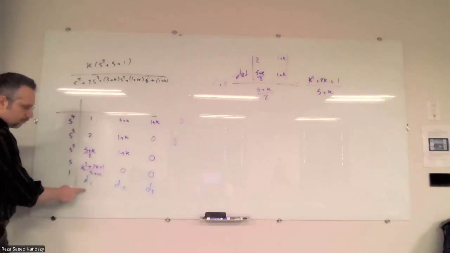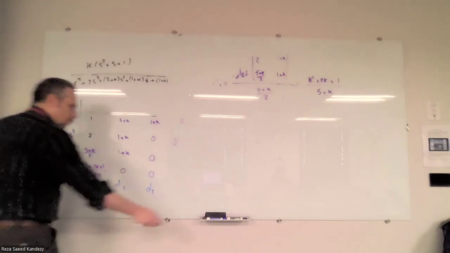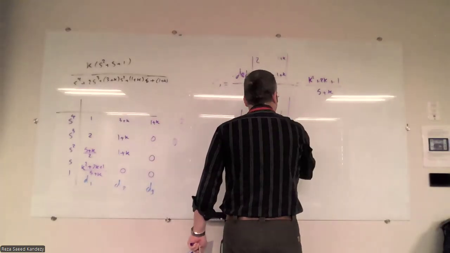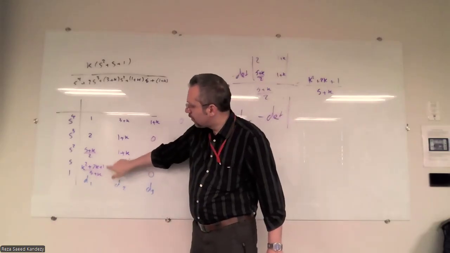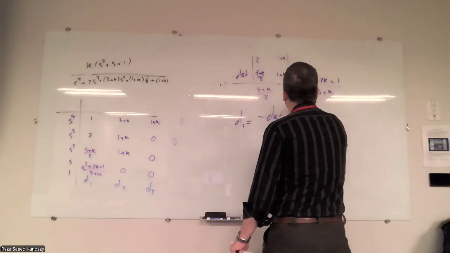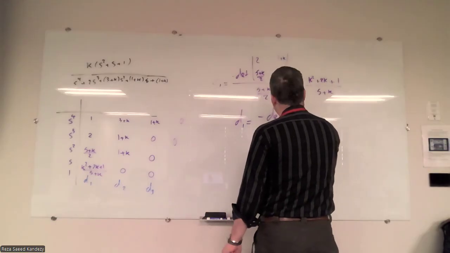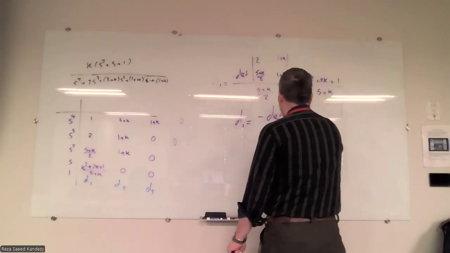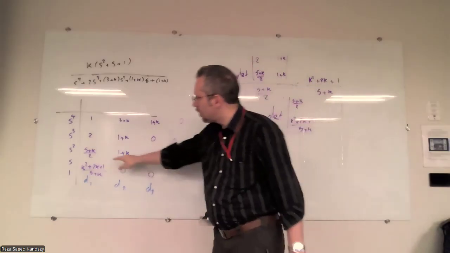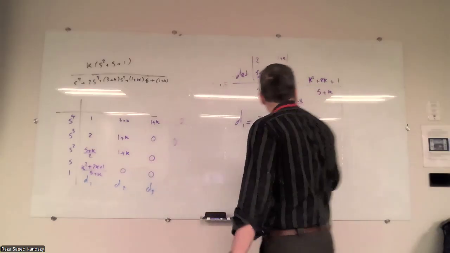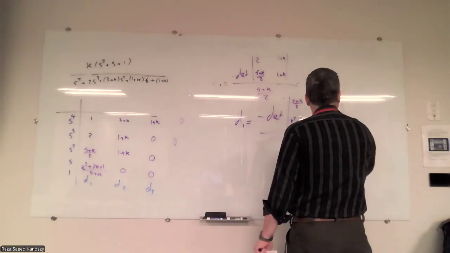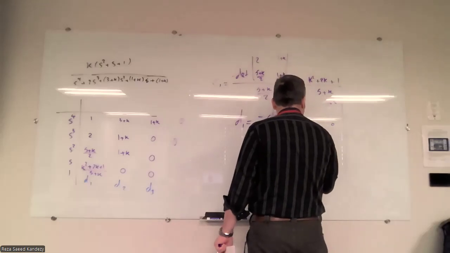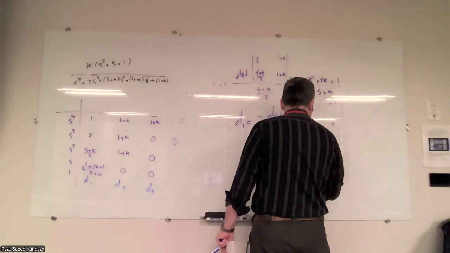Now, for D1, again, the formula is the same, minus determinant of the first component of third and fourth row. So 5 plus k over 2, k squared plus 2k plus 1 over 5 plus k. And the second column is going to be 1 plus k and 0, divided by the bottom left, which is k squared plus 2k plus 1 over 5 plus k.